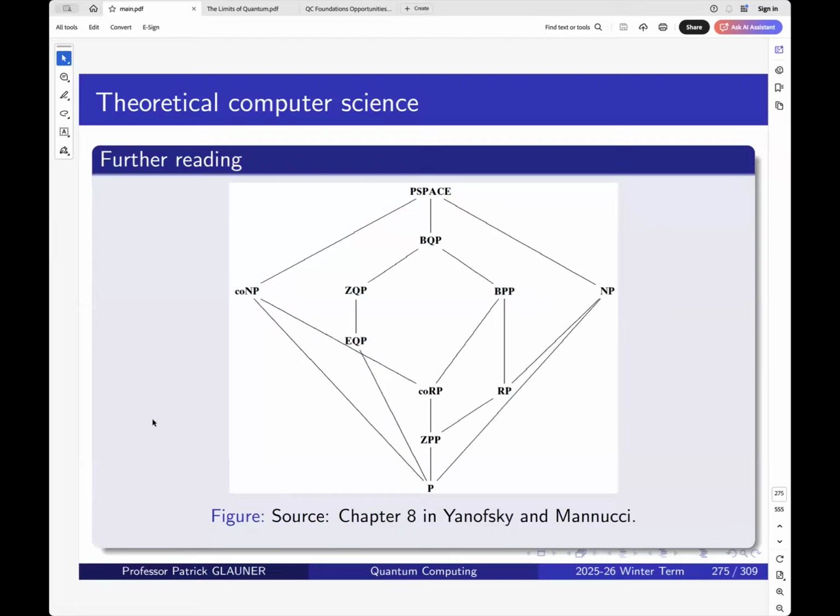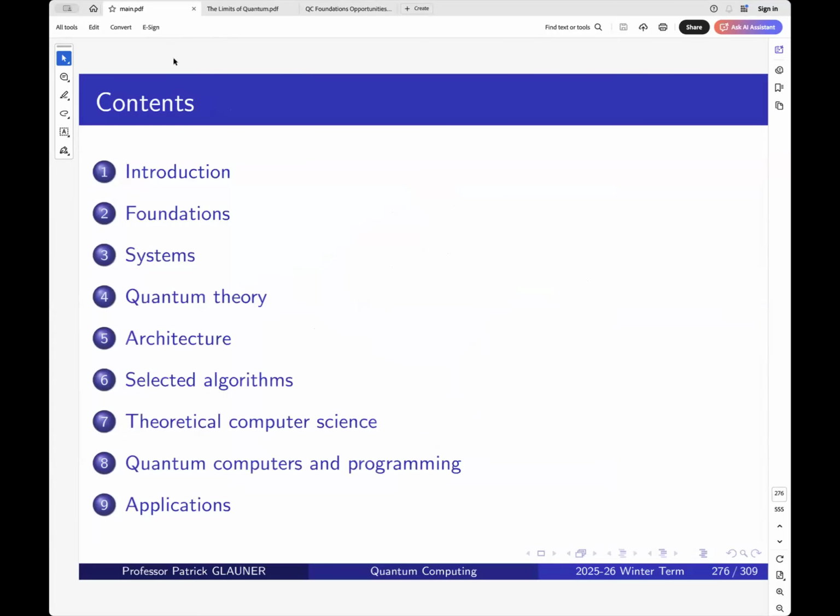Maybe some of that could also be interesting for a seminar presentation if you are more into theoretical computer science and want to share with us some of the findings in the book. Just as another recommendation towards the seminar presentation.